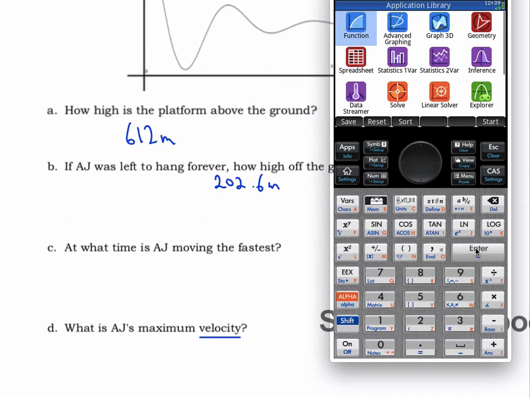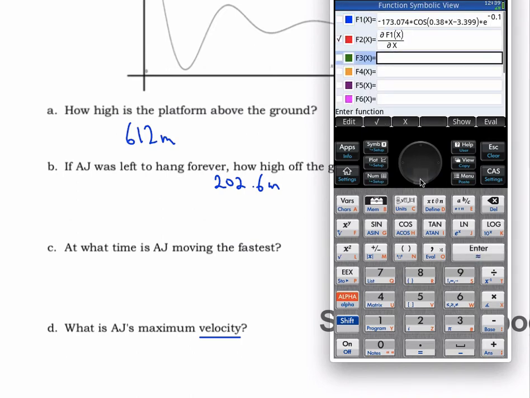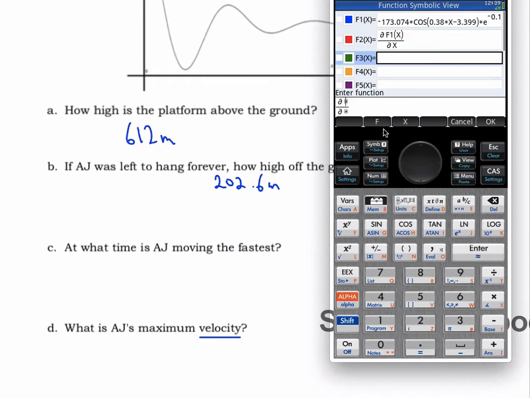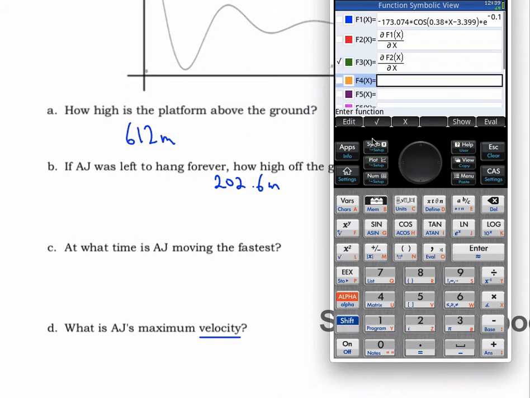So when I go to apps, I can actually do another one here, and in F3 I can create the acceleration by getting the derivative of F2. So I can go over here, get the derivative, type in F2 of x, and then the denominator just x, and we'll just show that.